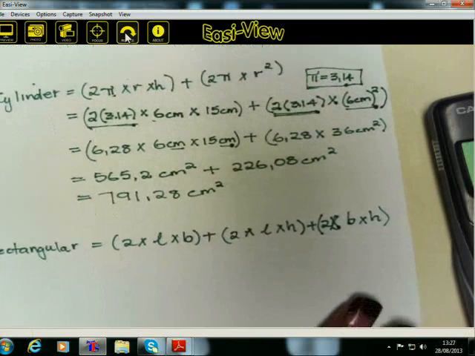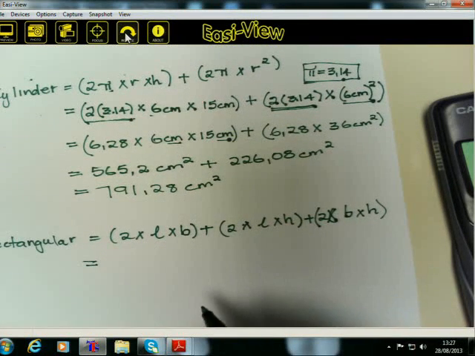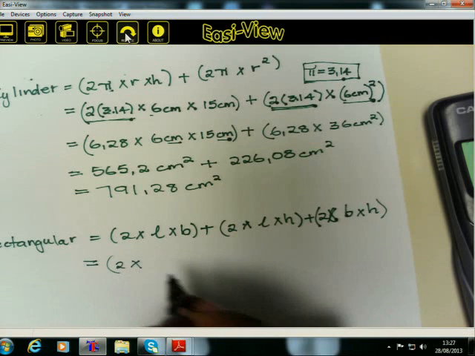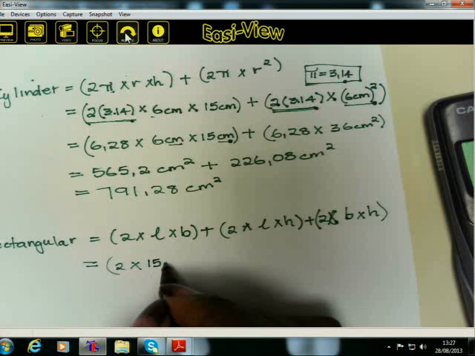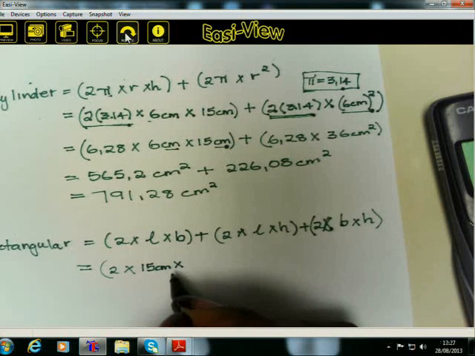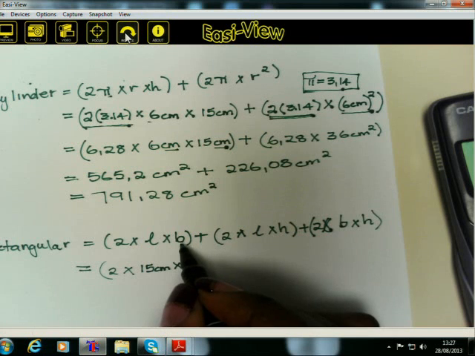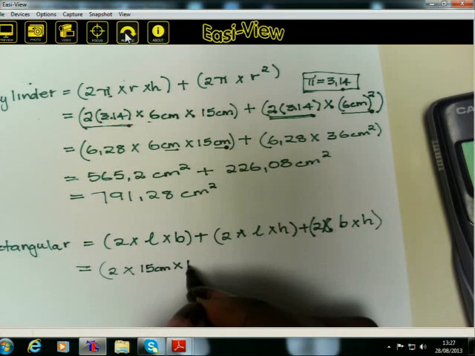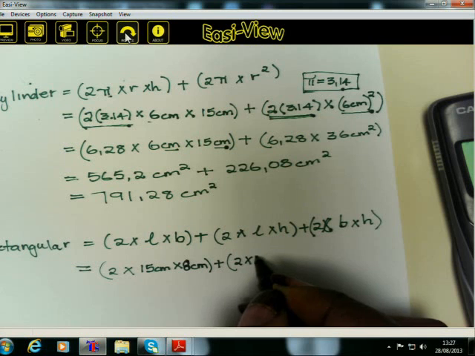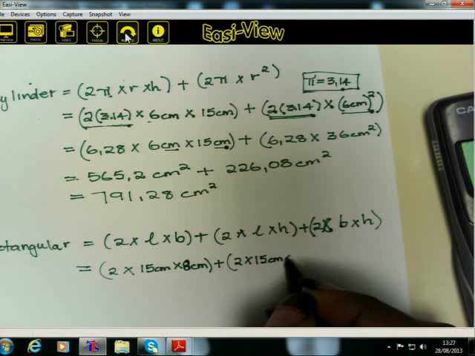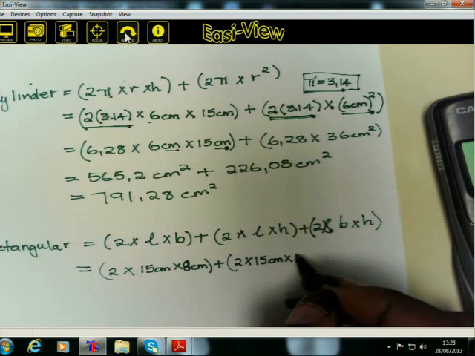Now let's go back and look at the calculations. We are given the formula, so we need to substitute there. I hope you can still remember the measurements. Remember, our length we were given as 15 centimeters, so we will substitute 15 centimeters, multiplied by our breadth, which is 8 centimeters, plus we have 2 multiplied by the length of 15 centimeters, multiplied by the height of 15 centimeters.